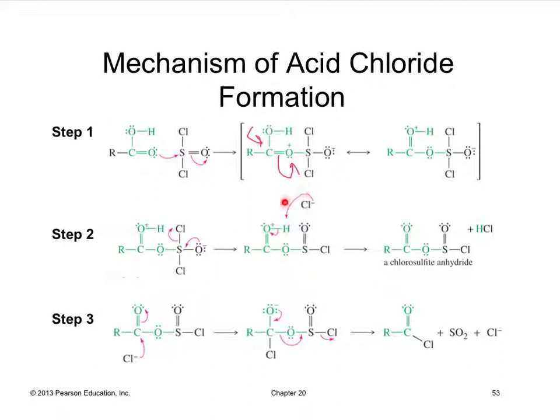The chlorine will then pluck off that proton from the protonated carbonyl, generating the chlorosulfite anhydride. Then the Cl- will come in and attack, electrons go to the oxygen, and the electrons from the oxygen come down. This is a good leaving group, forming SO2 and then Cl- and your product.